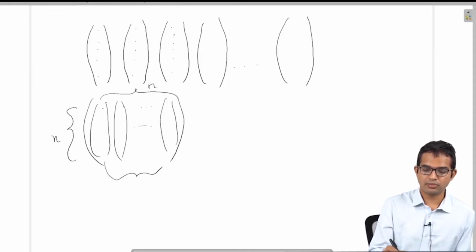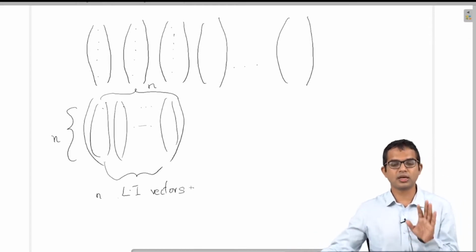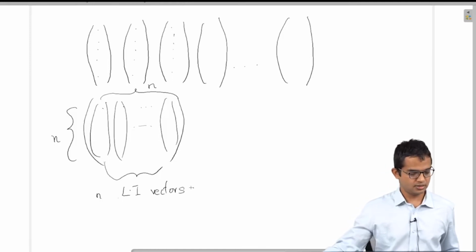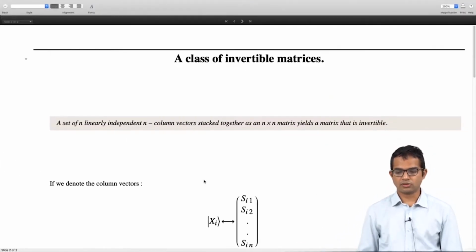So I have n linearly independent vectors, right? If I am able to do this, then I am guaranteed that such a matrix is invertible, right? That's the statement. Okay, so I'm showing it again.